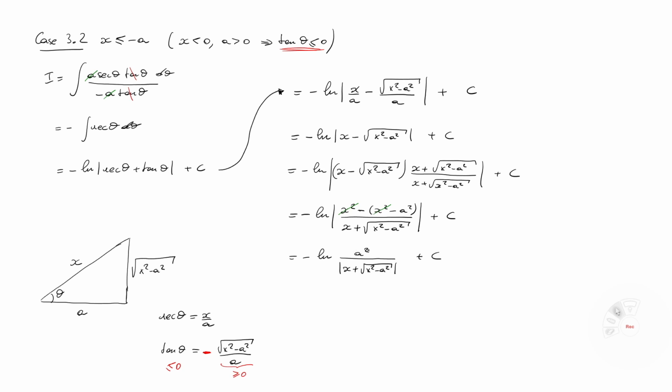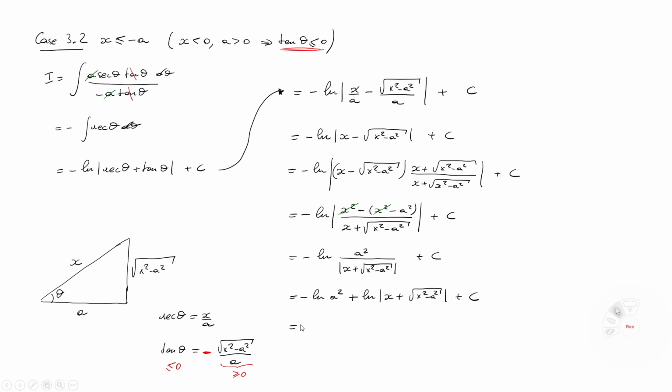So I'm no longer writing the absolute value signs because a squared is always positive, but you could write them if you wanted to. And now we have again logarithm of a fraction, so let's split it up into negative logarithm a squared, and then minus, so plus the logarithm of absolute value x plus square root of x squared minus a squared plus a constant.